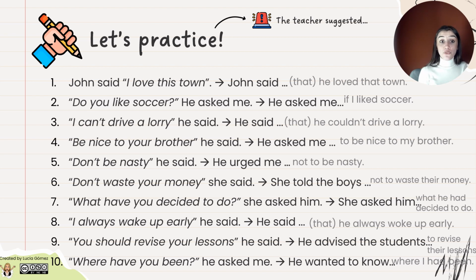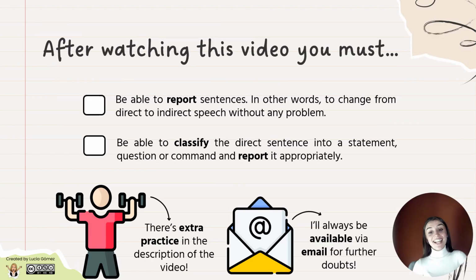This said, if we are working with the sentence above, the teacher suggested, it must be the teacher suggested practicing or that we should practice, but I will explain that in the later video. And well, now this is the end of this video lesson, and after watching this, you must be able to report without any kind of problem.